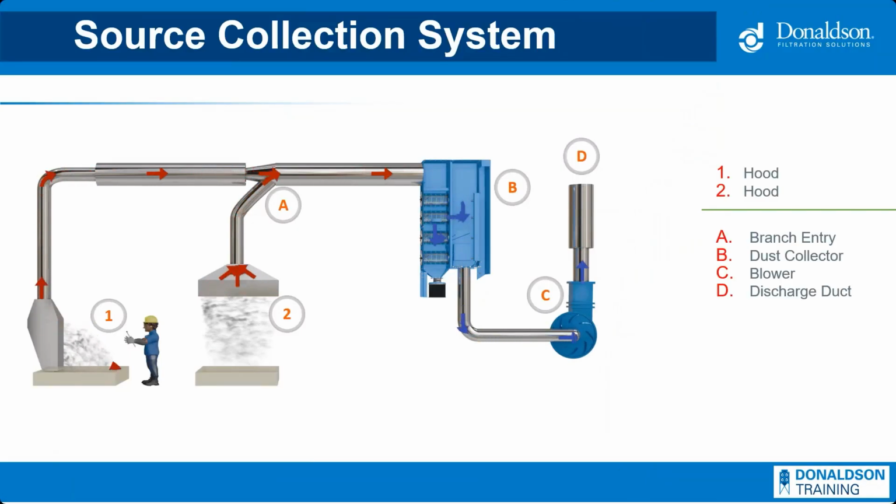Here, the contaminant is separated out and clean air passes through the filter media to the fan, where it's discharged to the atmosphere and returned back into the building. Within these systems, every component is sized to the dust or fume characteristic, required airflow, and application needs. If one component is poorly designed, the entire system suffers.